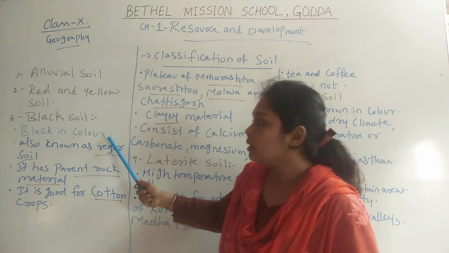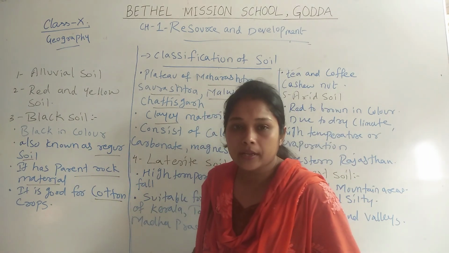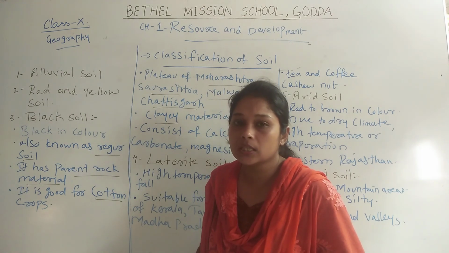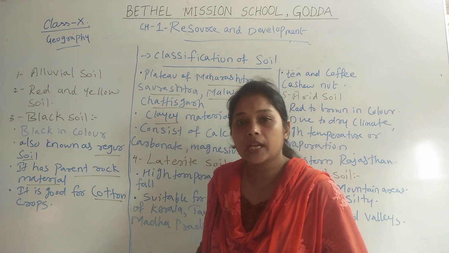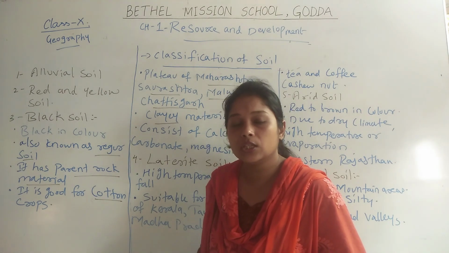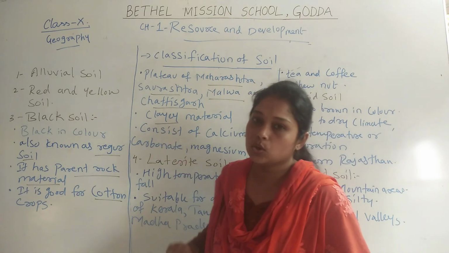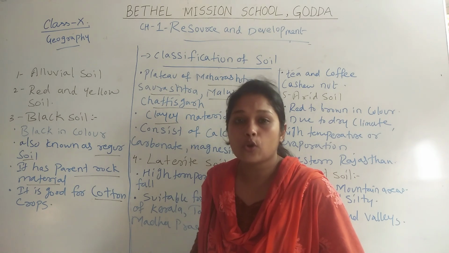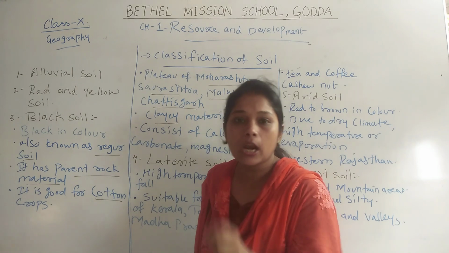Now, black soil is also known as regular soil. Why is it also known as regular soil? Because, as I have told you, it consists of many small particles of rocks instead of sand and clay. Sand and clay is found in red and yellow soil. Black soil consists of more parent rocks, the breakdown of many rocks into small particles.